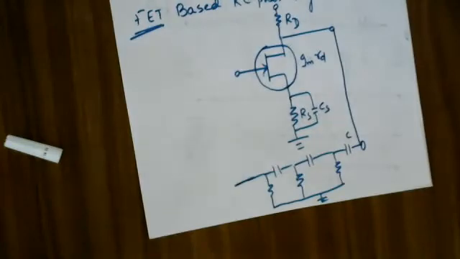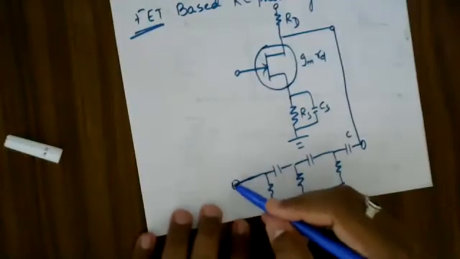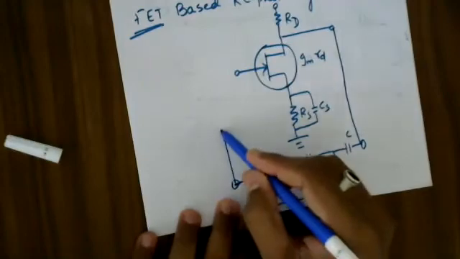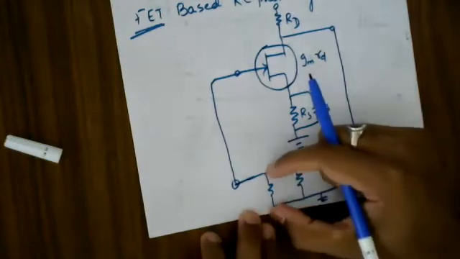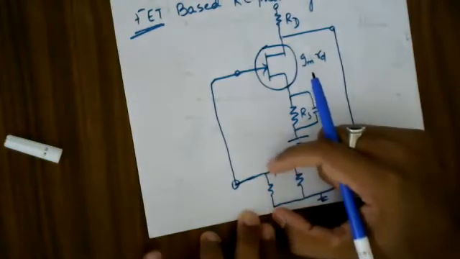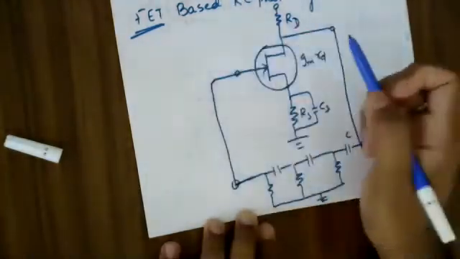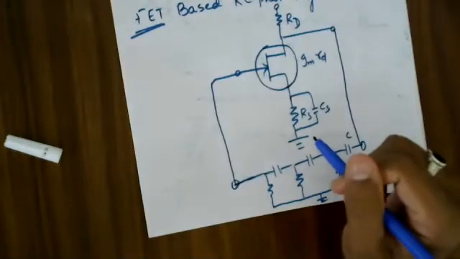Then the output of the feedback should be given as input to the gate, because here you're going to get your feedback voltage output. This feedback voltage output has to be fed as input to your FET. Is this clear to you?